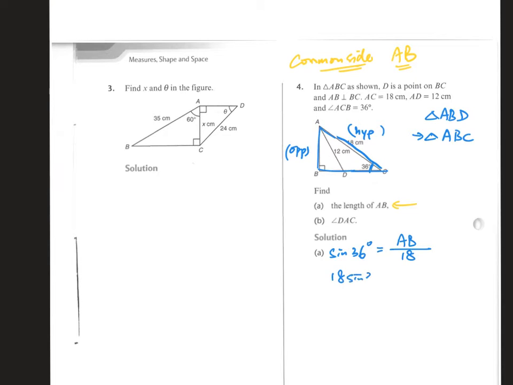So 18 sine 36 degrees is your AB. Once again, it's not the end of the question. I suggest you write a long answer first, which gives you 10.5801. So AB will be 10.6 cm, correct to 3 sig figs.